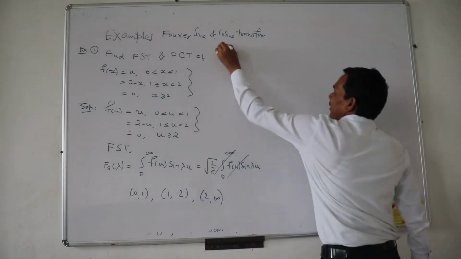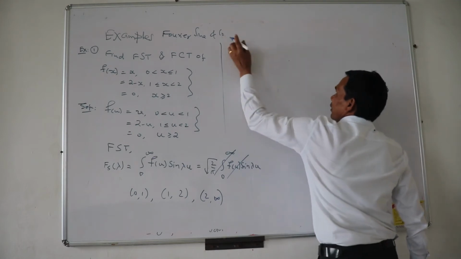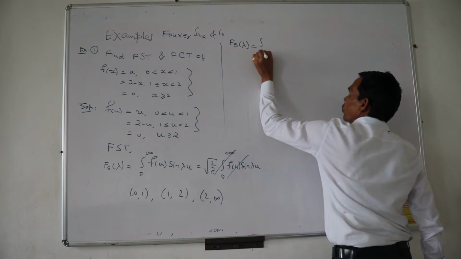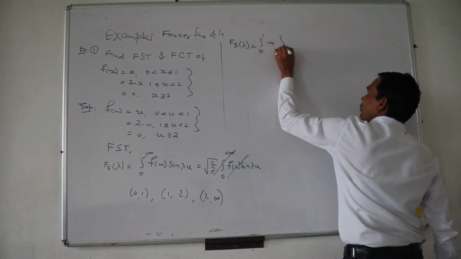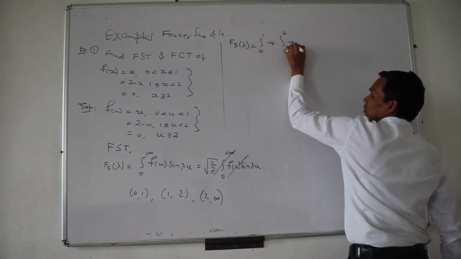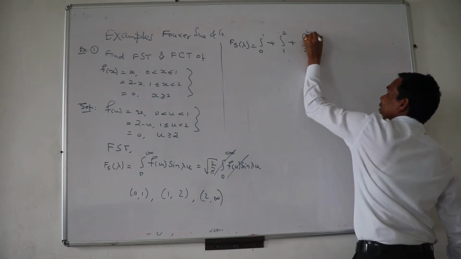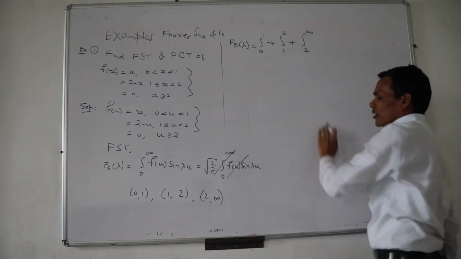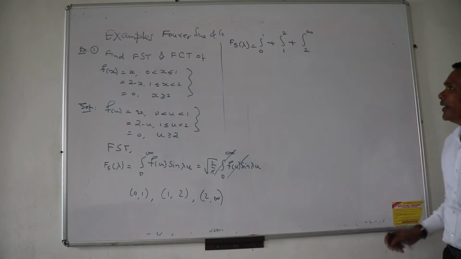So I split this integral accordingly as 0 to 1 plus 1 to 2 plus 2 to infinity. This is the splitting according to the interval.